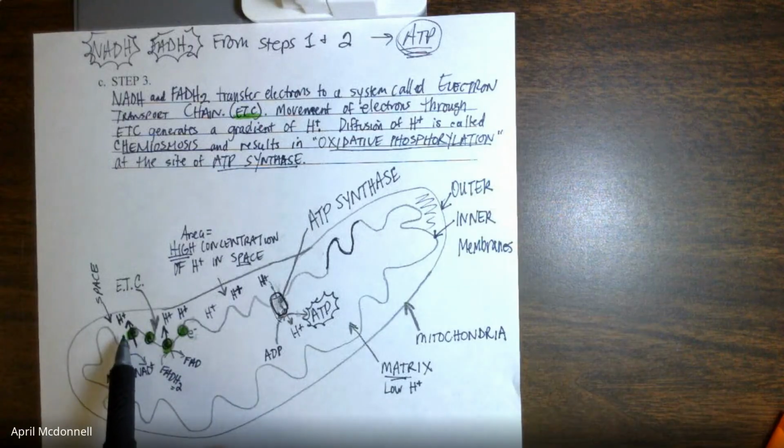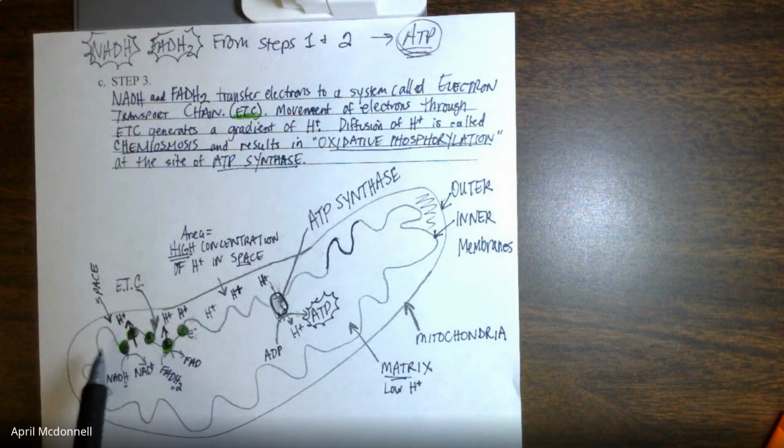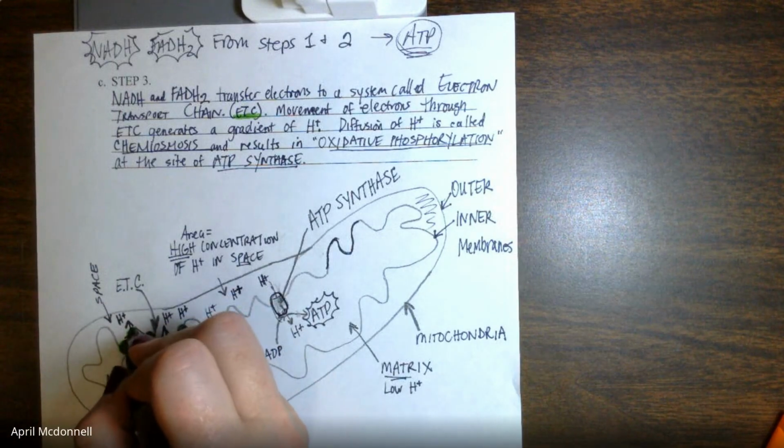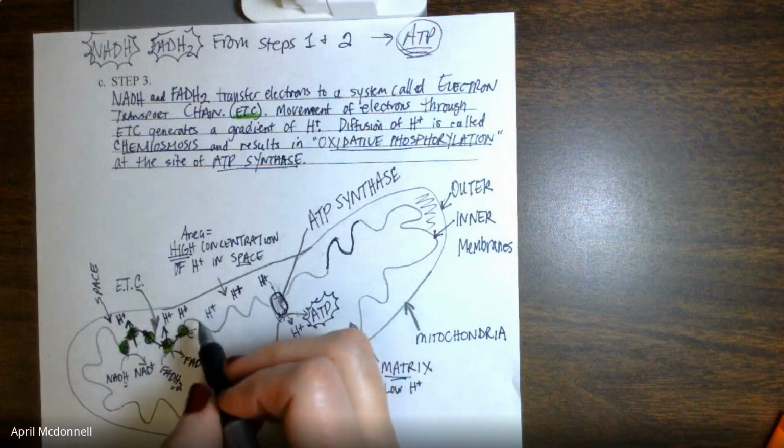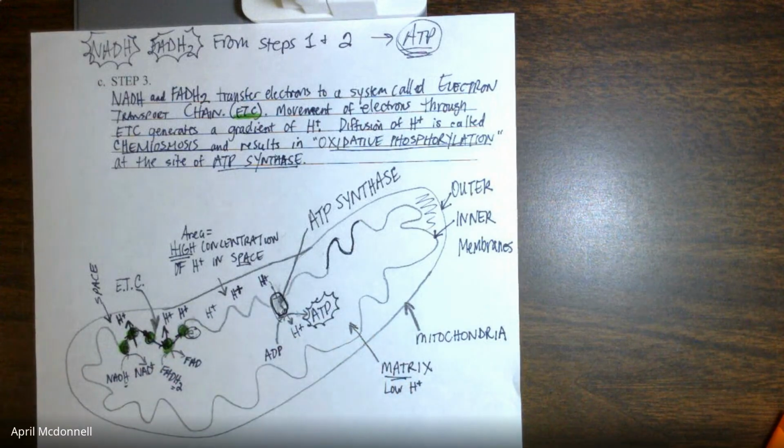So here are the electrons. The electrons move through the electron transport chain. And as the electrons move through the electron transport chain, they end up losing energy. So the electrons at the very end of this process are very low energy electrons.